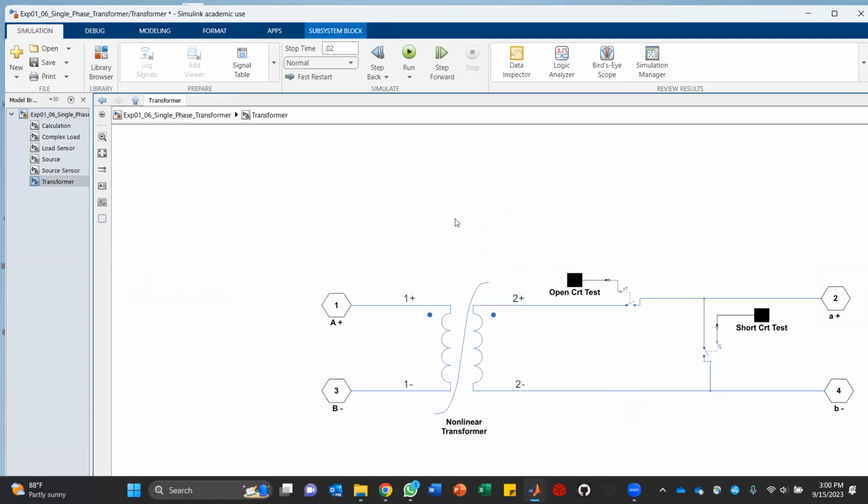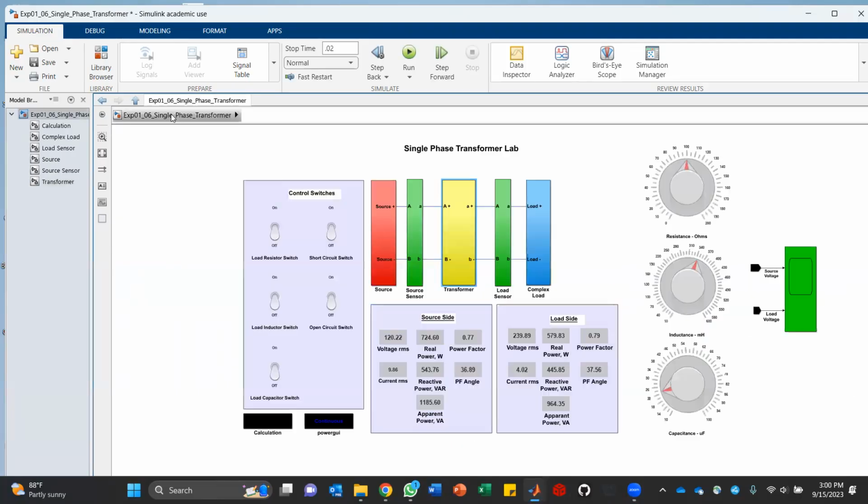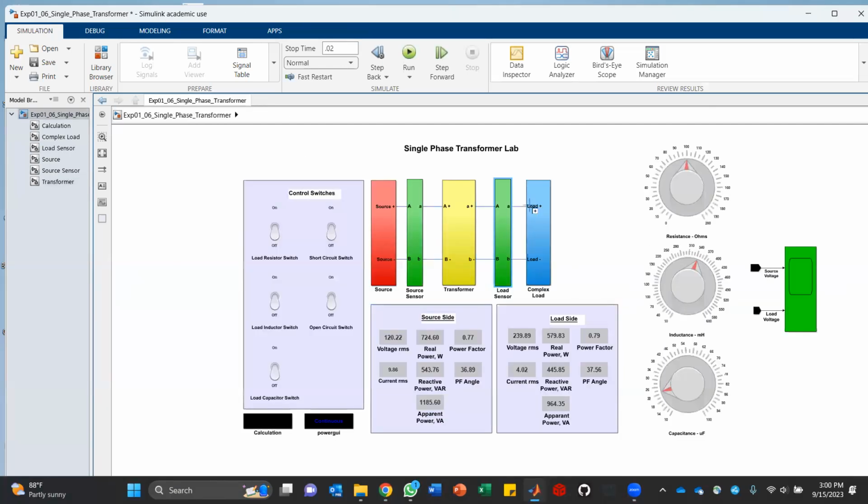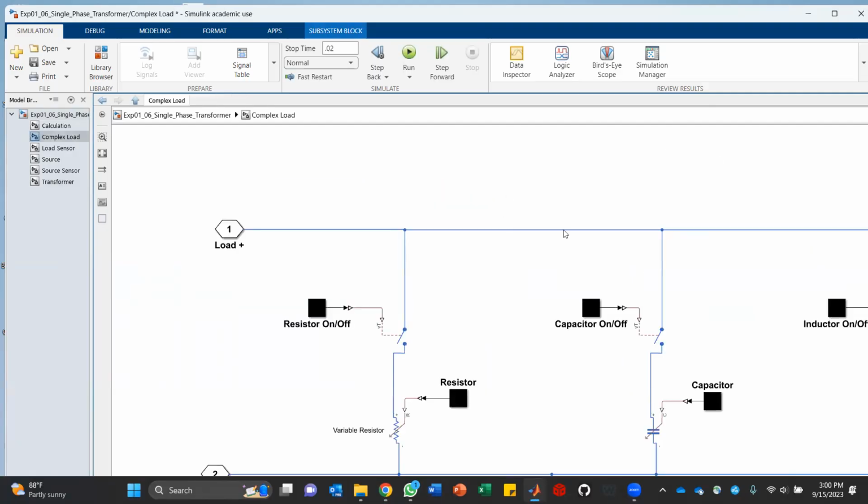And this is the transformer block. You have a non-linear transformer, which is a practical transformer. For the open circuit test, this will be closed. For the short circuit test, this will be closed. There are so many. This is the load side sensors, and this is the load.